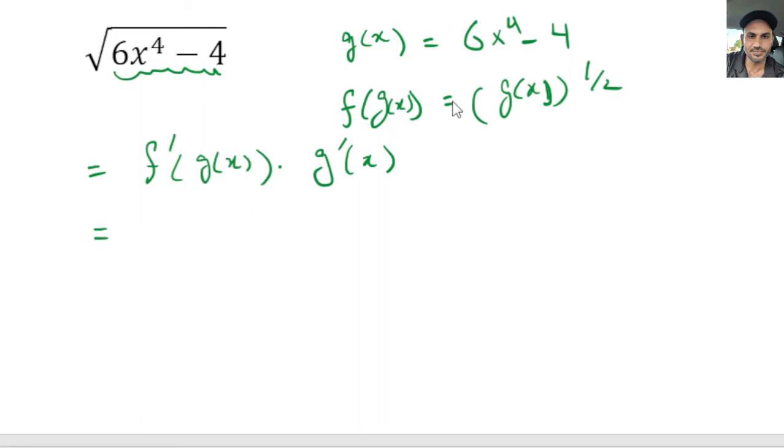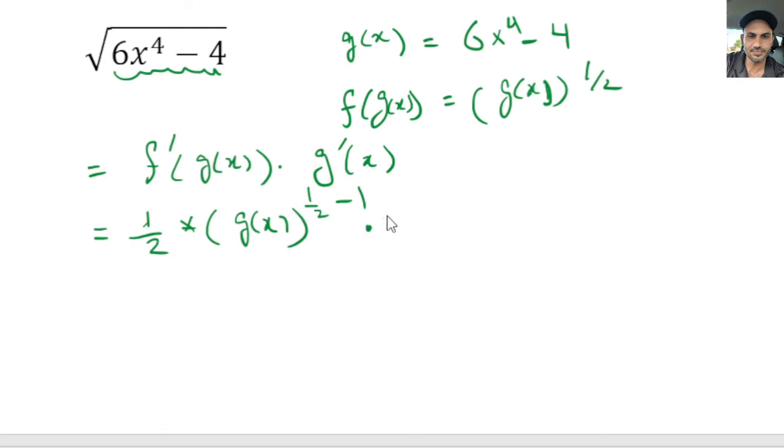So now if we take the derivative of this part here, f of g of x, it's basically g of x raised to the 1/2 power. So we can apply the power rule. So it's going to be just 1/2. This 1/2 exponent becomes the coefficient times, in parentheses, g of x, and then we subtract 1 from 1/2. Okay, so this is this portion.